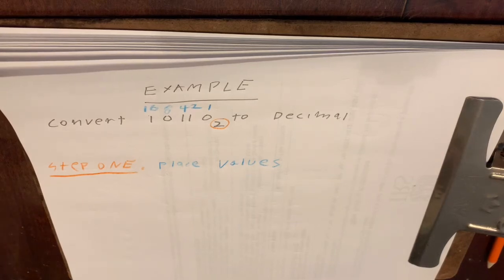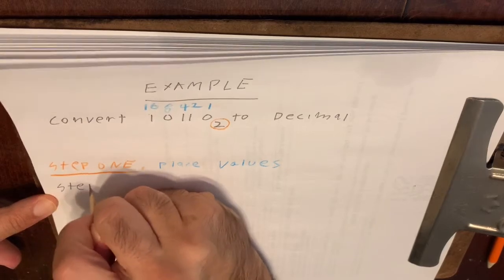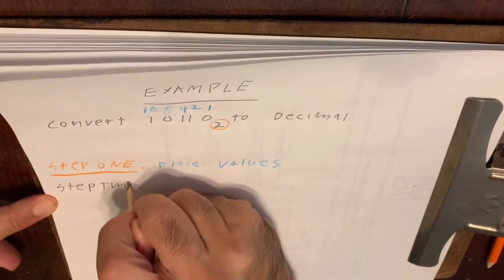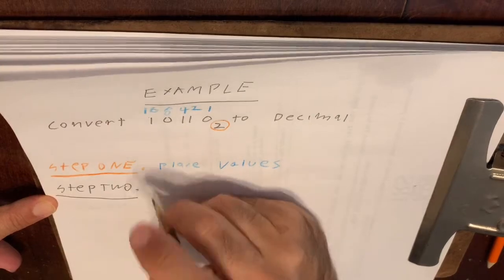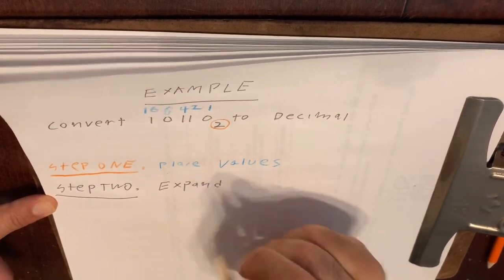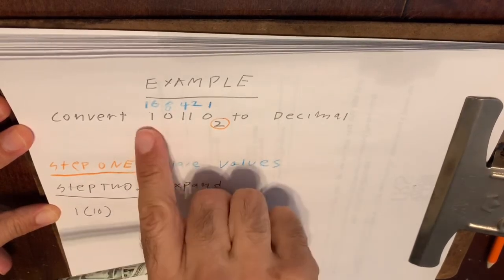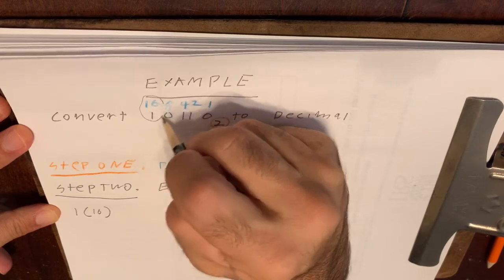All right, so step 2, what we're going to do is it's called expand. So we're going to take 1 times 16. Now this is where we got the 1 times 16.